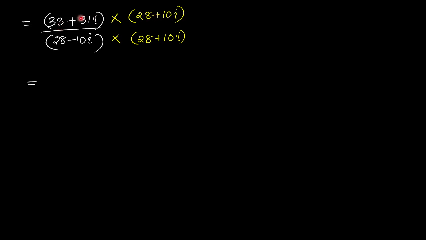Opening the bracket, 33 into 28, you will get 924. Then 33 into 10, 330i. 31i into 28, you will get 868i.